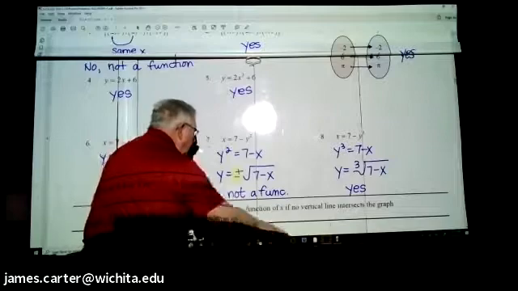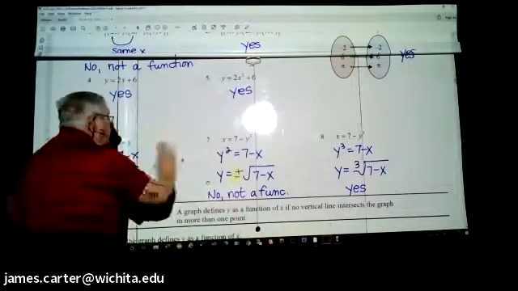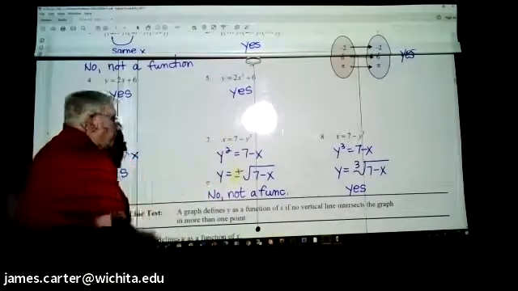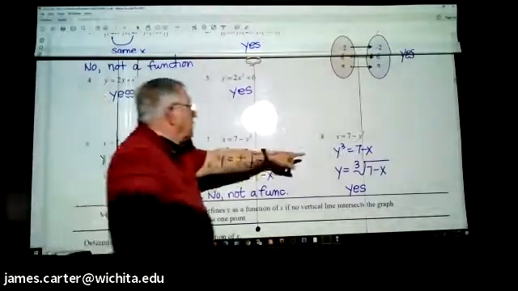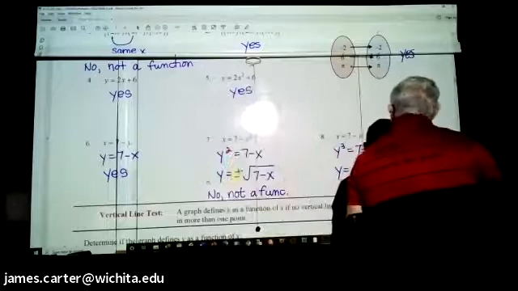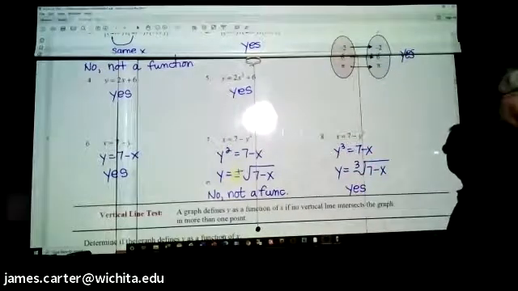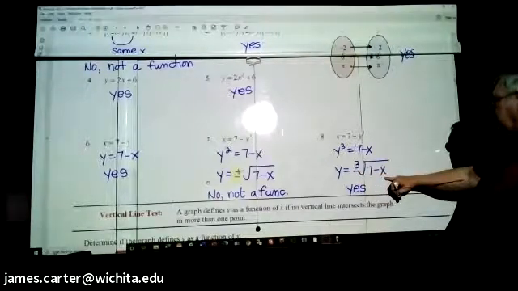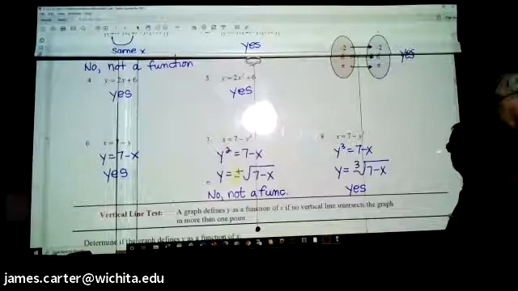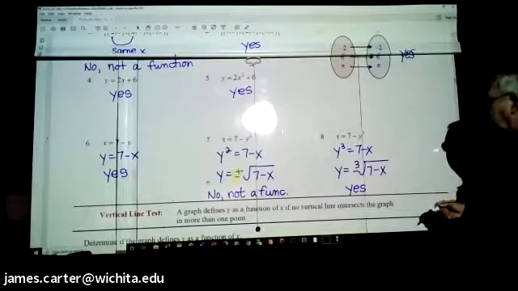But in other words, that one would not be a function. And in number 8, y cubed equals 7 minus x. We simplify it to y equals the cube root of 7 minus x. Well, what is this thing going to look like?